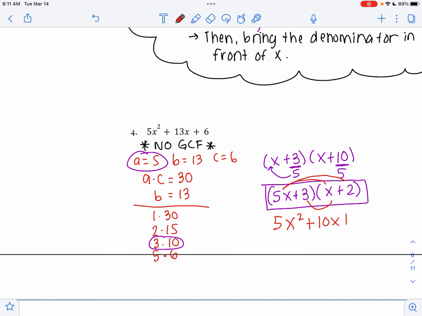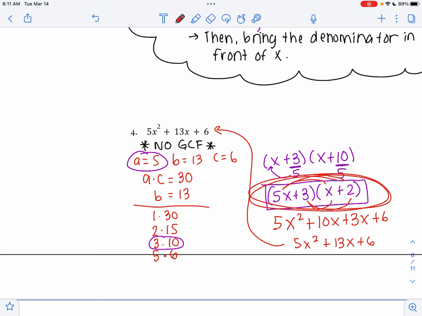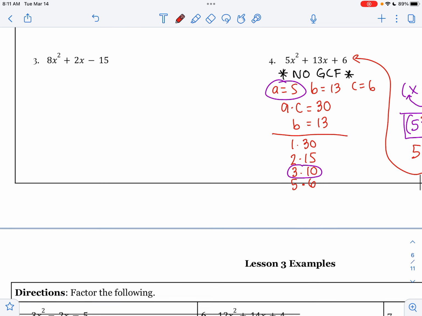And then 3 times x, which is 3x. And 3 times 2, which is 6. So this is 5x squared plus 13x plus 6. And you see how this matches that. That means you did it right. That means that this answer right here is correct. So I was just trying to show you that you could check your work if you want to.